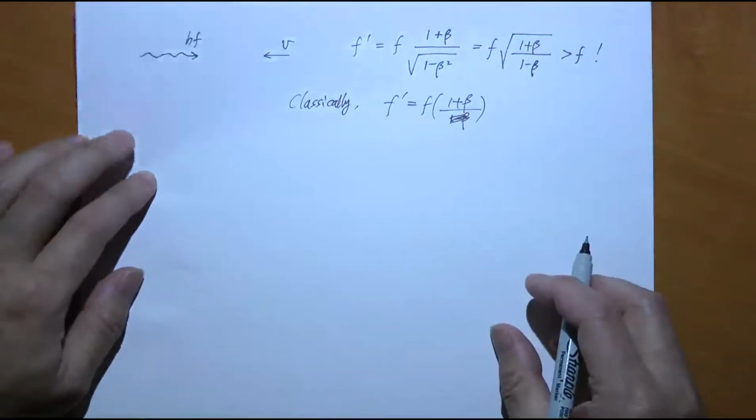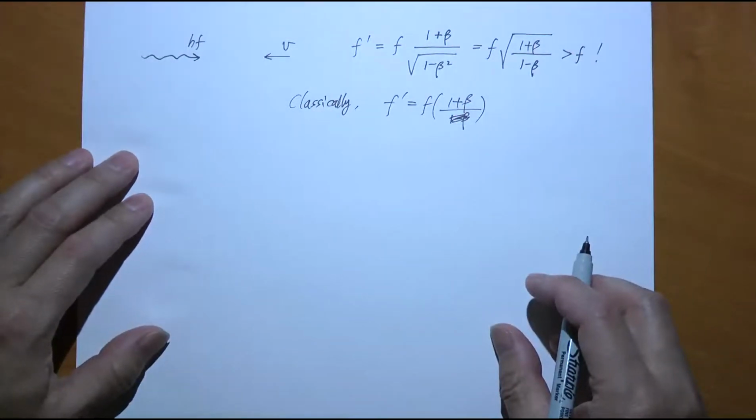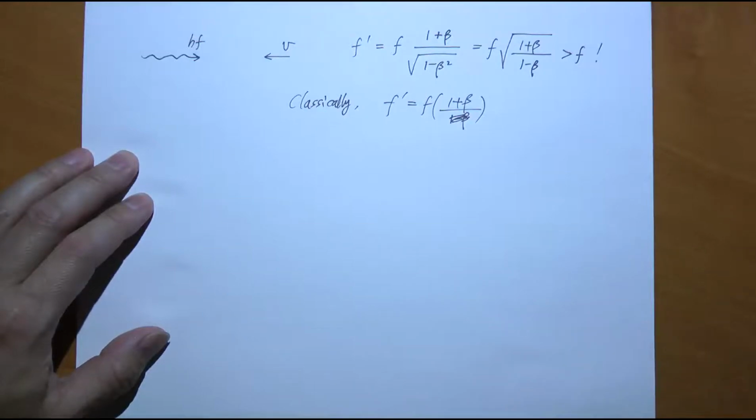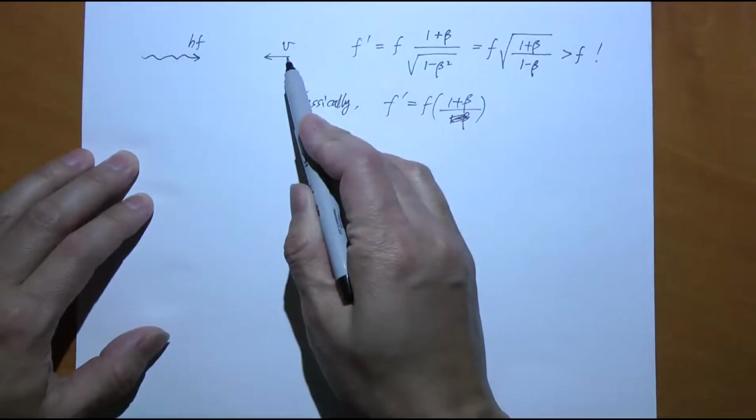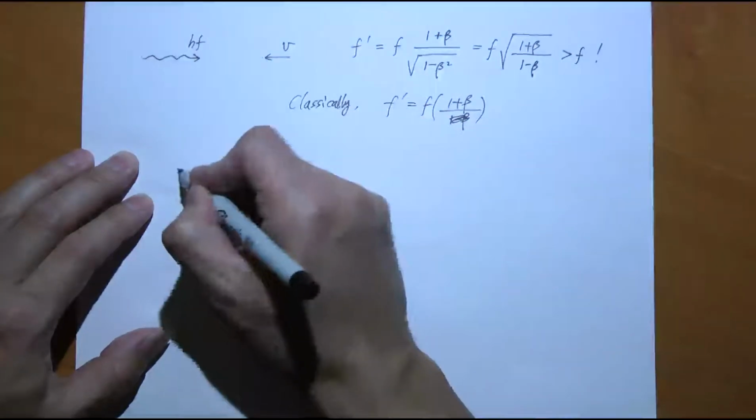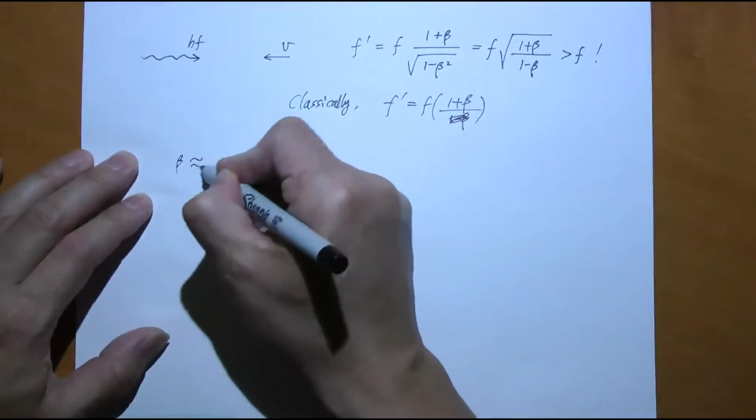The last thing I want to talk about in the relativistic Doppler effect is what happens when you move at very high speed towards a source of light. So v is very large. Okay, v is so large, v is almost equal to c, therefore beta is almost equal to 1.